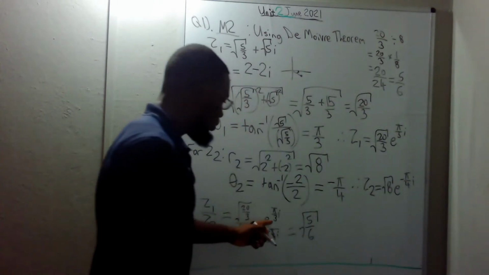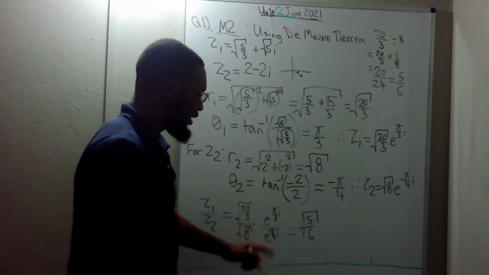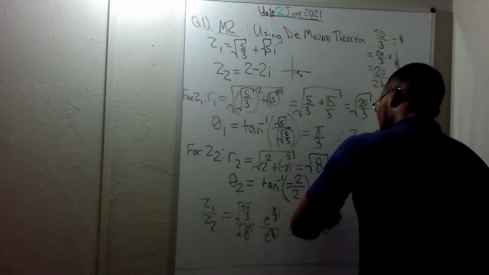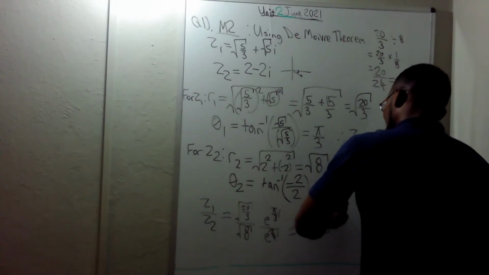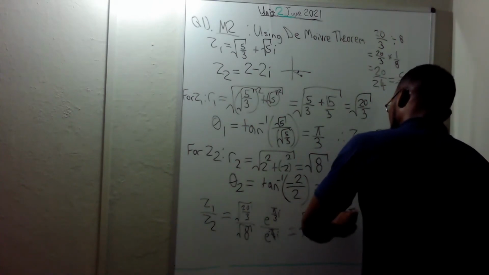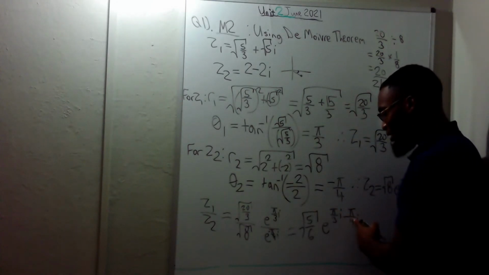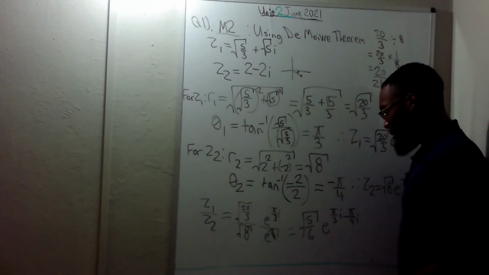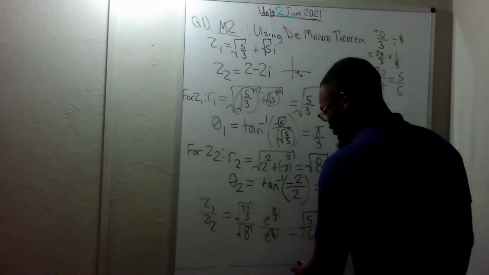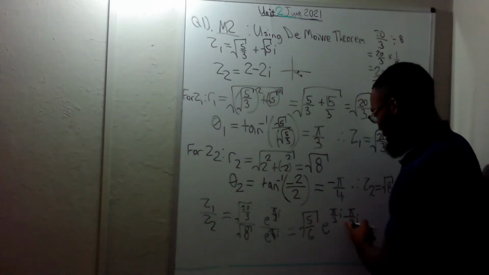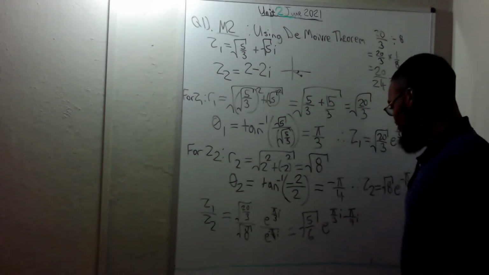And then now we have pi by 3 minus pi by 4. So this is now e to the pi by 3 i minus pi by 4 i. Now pi by 3 minus pi by 4, we'll bring it up here.